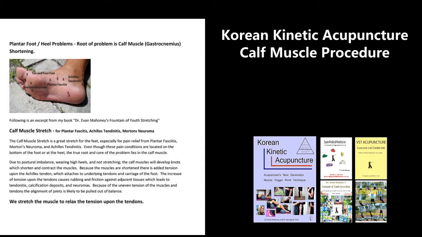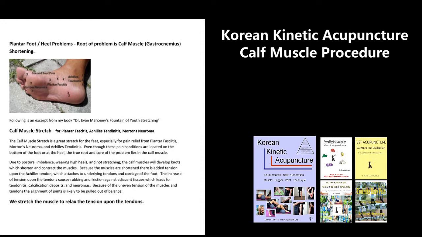Due to postural imbalance, wearing high heels, and not stretching, the calf muscles will develop knots which shorten and contract the muscles. Because the muscles are shortened, there is added tension upon the Achilles tendon, which attaches to the underlying tendons and cartilage of the foot.